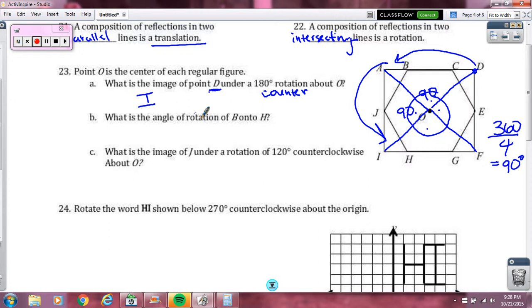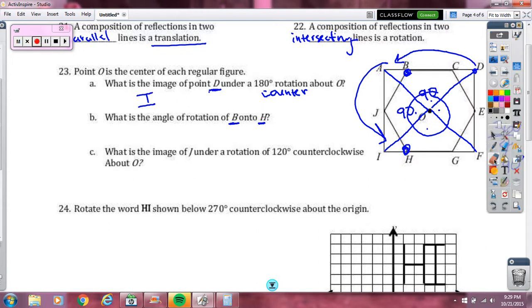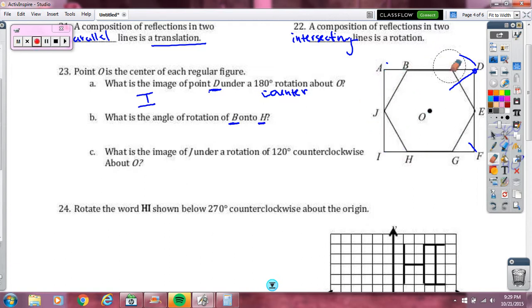In the next question, though, we're asked about the angle of rotation for B onto H. B and H are part of the hexagon, so I'm not going to use that 90 degrees for this question. I've got to draw in and calculate another angle of rotation. Let's draw in some central angles for the hexagon.